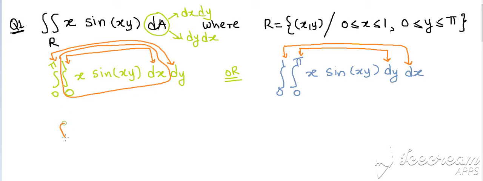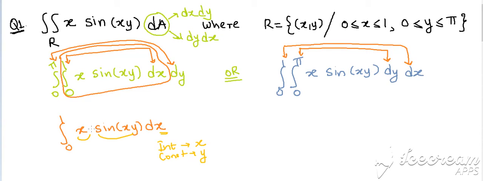It was the integral from 0 to 1 of x sin(xy) dx. What you can see here is we have two functions of x. It's clear that we are integrating with respect to x, and the variable y is constant. I hope you know all these things by now.